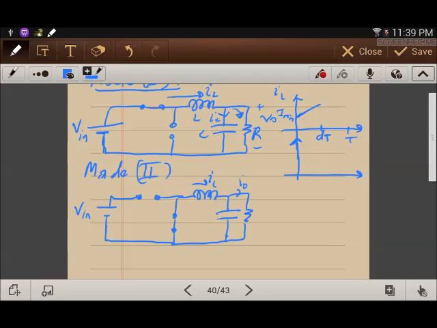It will start from a minimum value until the switch is open. Then the inductor will start to discharge through the load resistance, meaning that its value will start to decline until time T, the period, and it reaches a minimum current again. This is the maximum value of the current, and it happens at time DT.